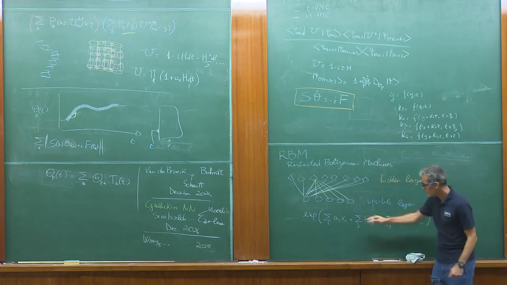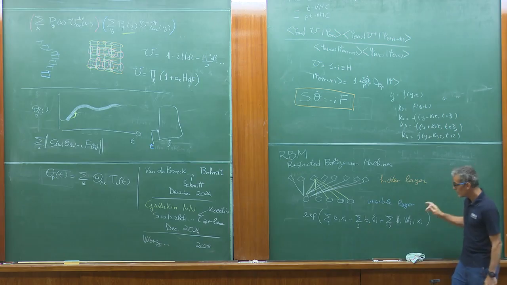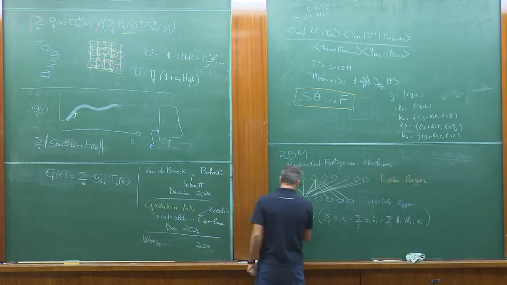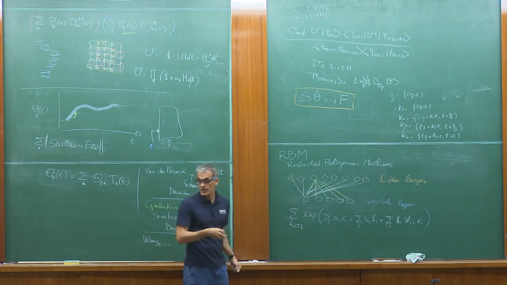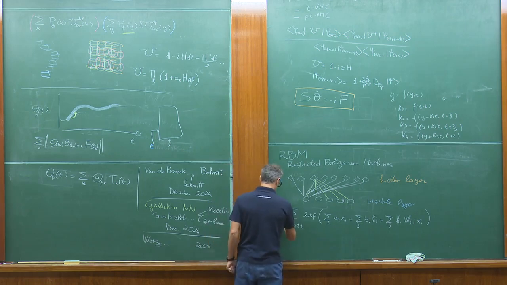So this represents everything. Then you trace out, you sum over all the possible h, equal to plus or minus 1. So you trace out the hidden layer, and this is your function.